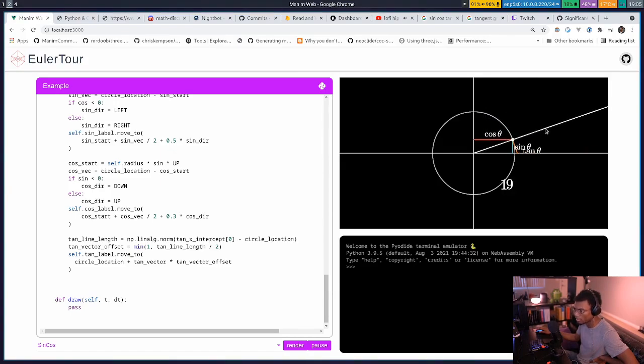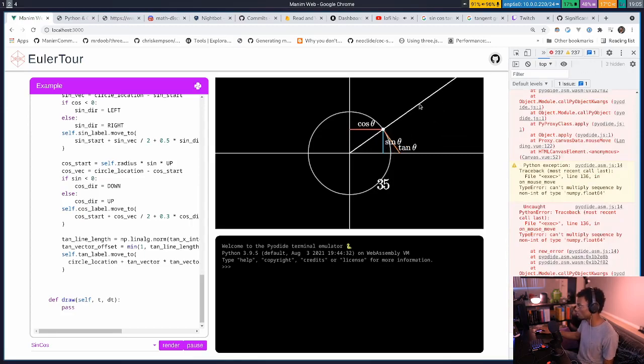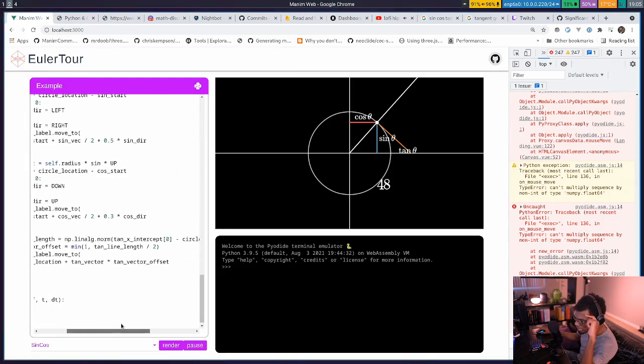How come here it's not doing anything? I wonder if anything's being logged. Can't multiply sequence by a non-int of type float numpy.float64. So somewhere I'm multiplying an array or a sequence by a numpy float64. Where's that happening?